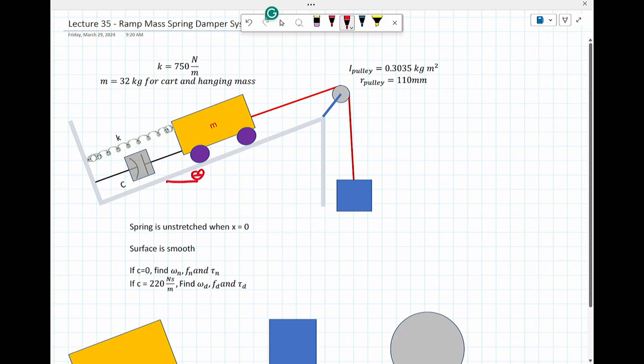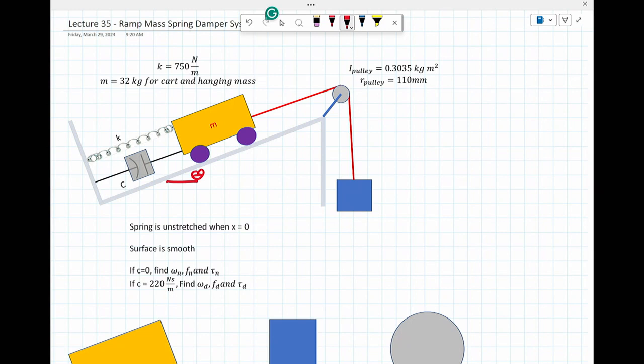It's a similar problem in the sense that this is K, C, a weight, some mass at the end. The total mass is 32 kilograms for the system. Surface is smooth. If C equals 0, find omega n, Fn, and tau n.